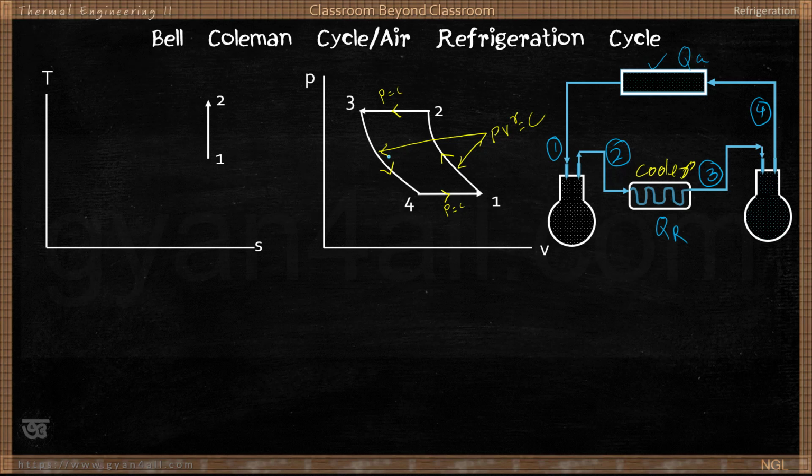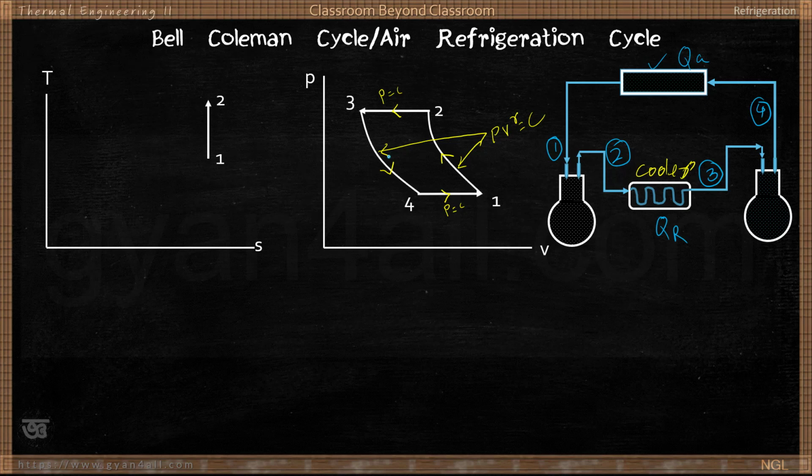Now process 2-3, from the PV diagram we can see this is a constant pressure process, and because of this process the pressure remains the same and volume decreases. Yes, volume decreases. You see how it happened. So in the TS diagram we cannot see any effect on volume.